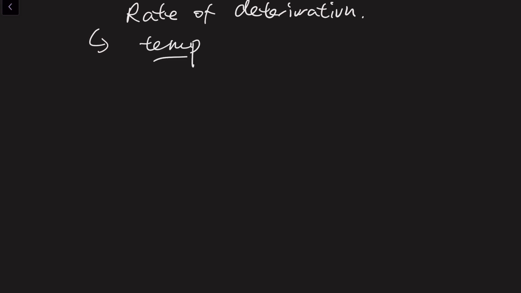So we talk about factors of deterioration. Now let's talk about what affects the rate of deterioration. This really depends on the temperature. The higher the temperature, the faster the rate of deterioration. So what's the reason for that?